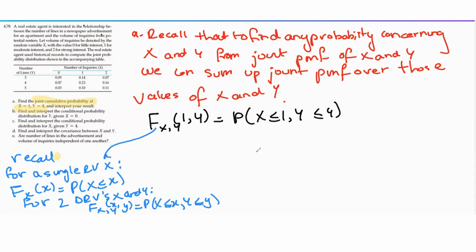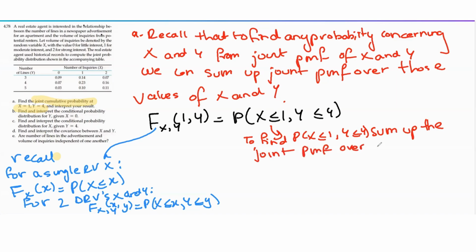So now, based upon what we just recalled, we want to find this probability concerning X and Y. To find the probability X is less than or equal to 1, Y is less than or equal to 4, we sum up the joint PMF over all those values where X is less than or equal to 1 and Y is less than or equal to 4.